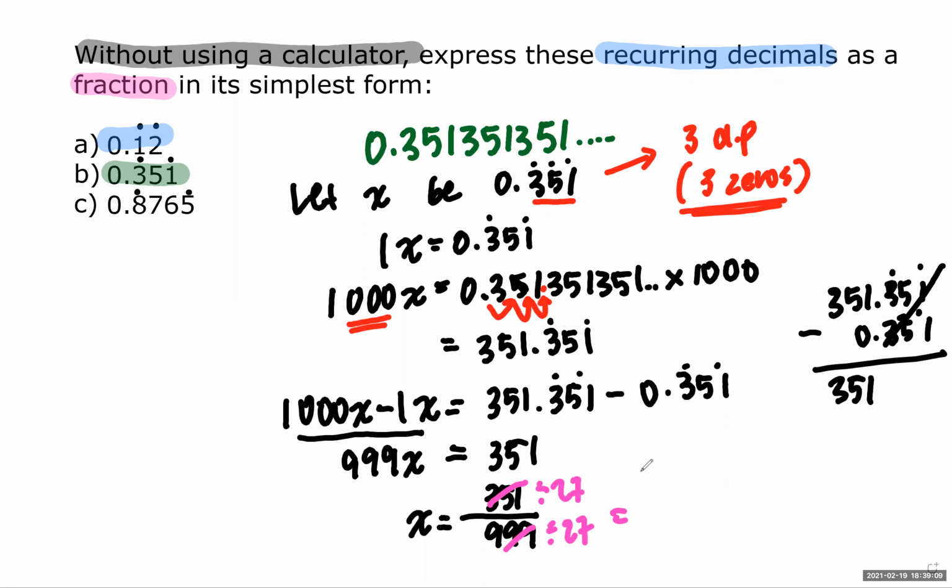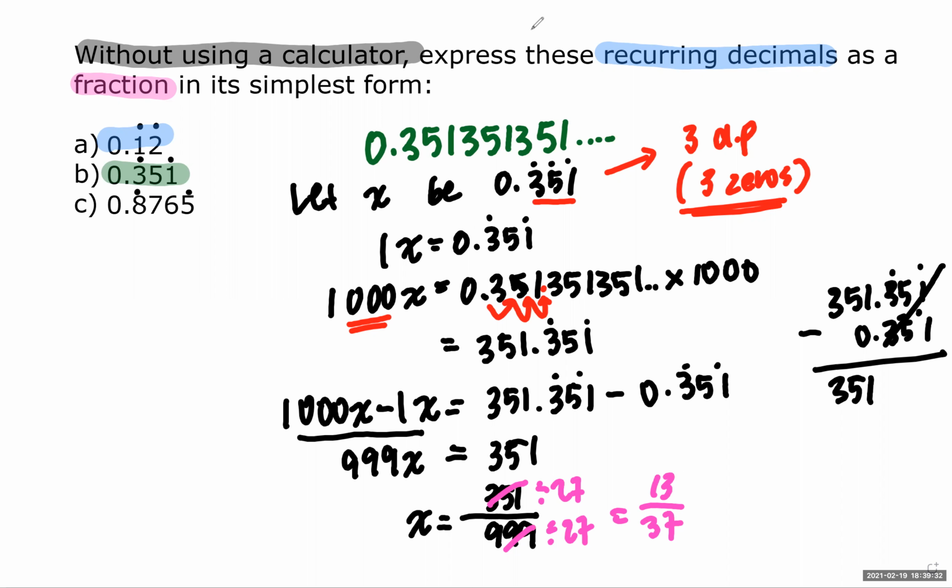So 351 divided by 27, because that's a common factor, gives me 13. And 999 divided by 27 gives me 37 in the lowest form. So let's put it in your calculator and check. You should be able to get 13 over 37 too. Okay, so that's it for question B.